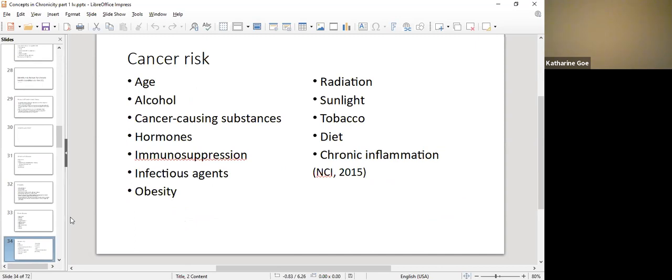Cancer risk: again, age is a biggie, alcohol intake, cancer-causing substances like tobacco, hormones, and immunosuppression are risk factors for cancers. Infectious agents, obesity, radiation, sunlight, tobacco, diet, and chronic inflammation are all risks for cancer.